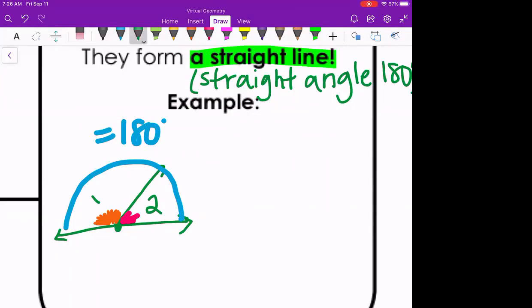Now, another way that we can think about linear pairs, if we go back to that idea of our intersecting lines, I'm going to number these off, 1, 2, 3, and 4.